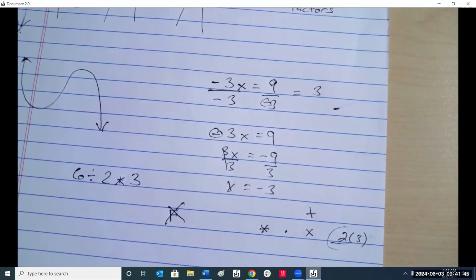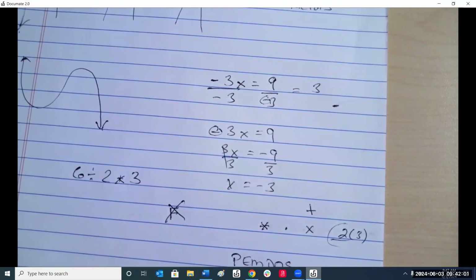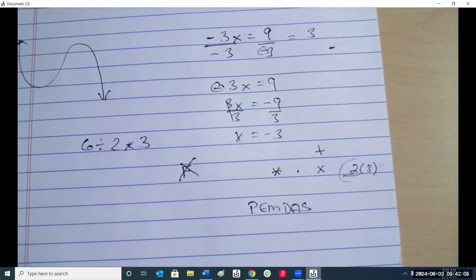You guys use, excuse my French, PEMDAS. That word is never used in my vocabulary, in my math classes. PEMDAS is an American acronym that stands for what?